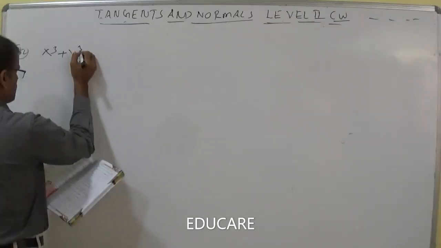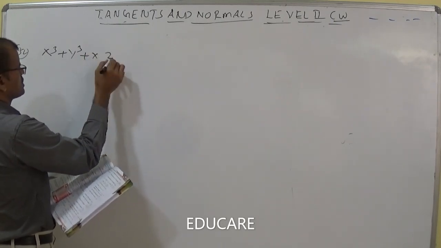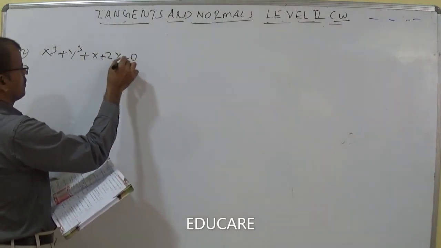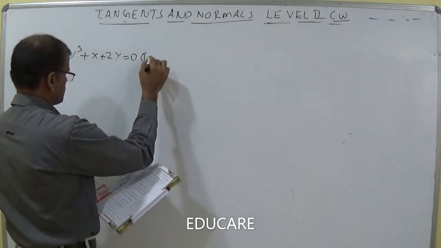Question 32, angle between the curves. The equation of the curve is given as x cube plus y cube plus x plus 2y equal to 0. Let it be the first equation.